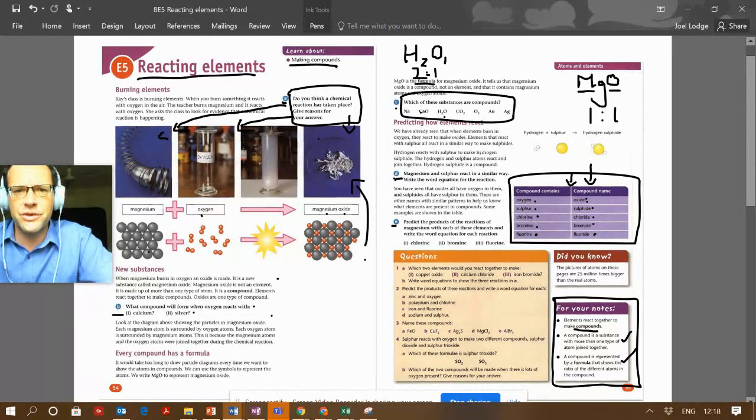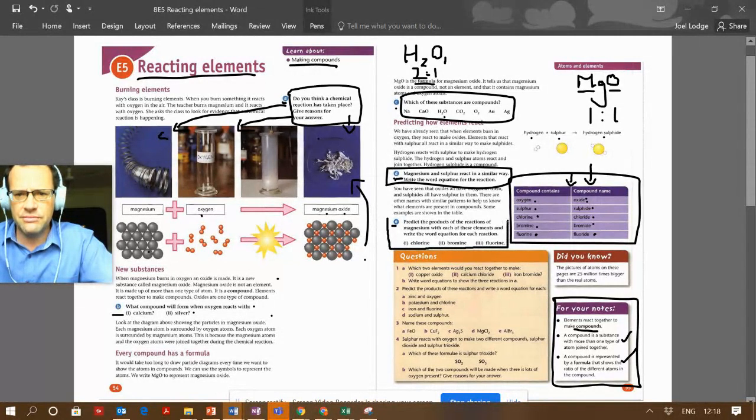Just write down which ones of those you think are actually compounds. D. Magnesium and sulfur react in a similar way to hydrogen and sulfur. So what is the word equation for the reaction of magnesium and sulfur, not hydrogen and sulfur? Can you tell me that?